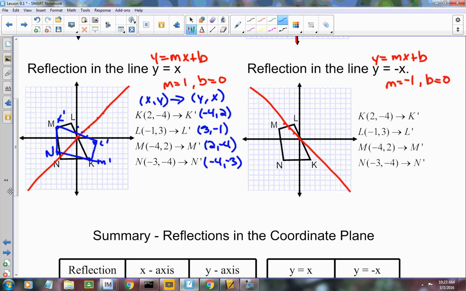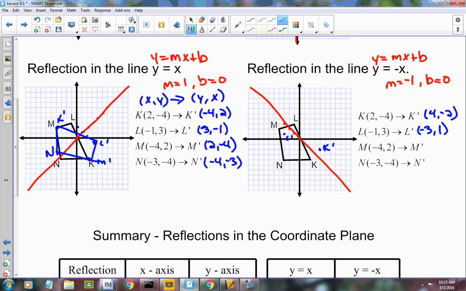I'm 1 diagonal unit from the line here for K, so my K prime is going to be right there. Those coordinates are 4, negative 2. For L, go 1 unit diagonally, go another unit diagonally. There's my L prime. Those coordinates are negative 3, 1.